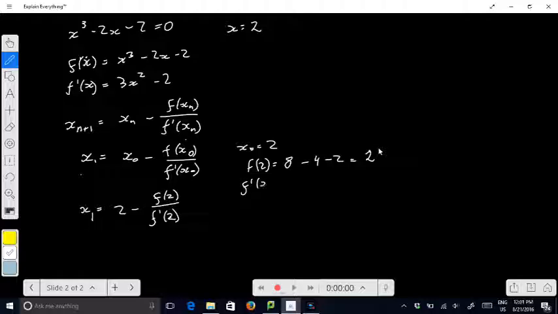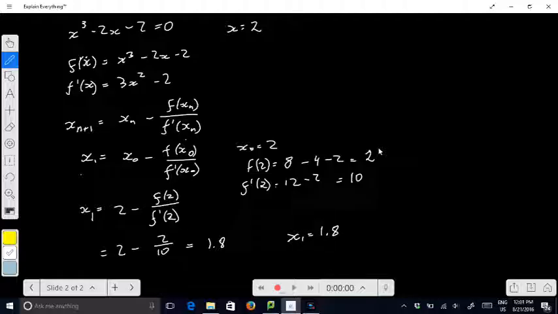And our derivative at 2: 2 squared is 4, times 3 is 12, take 2, so 10. So over here, I can say 2 take 2 over 10. If I work that out, I get 1.8. So x1 is going to be 1.8.